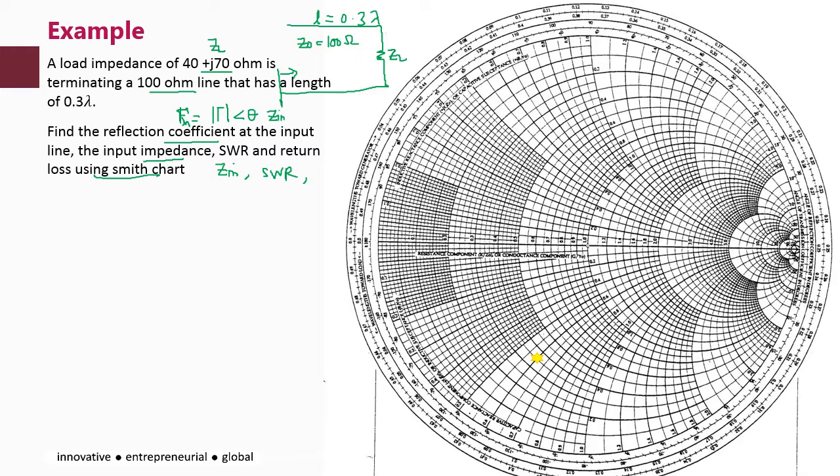So again, basic step: find the normalized ZL. You have 40 + j70 divided by Z0.